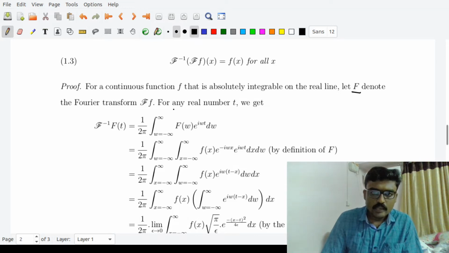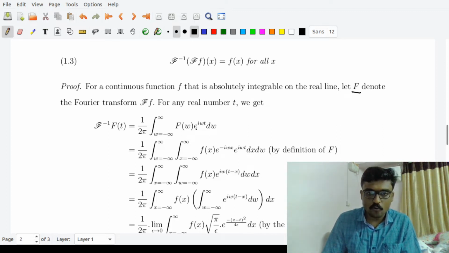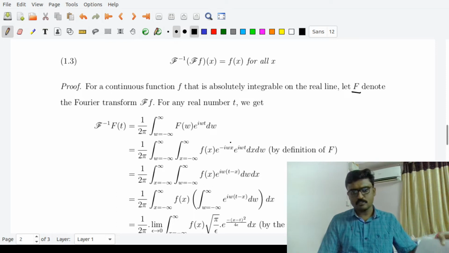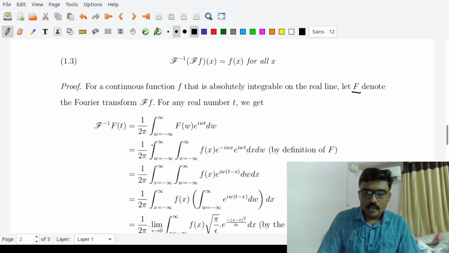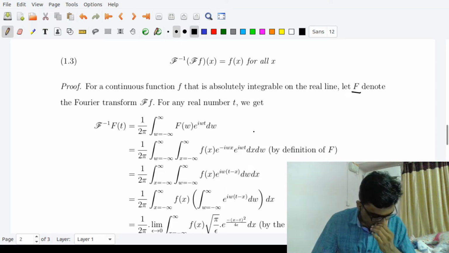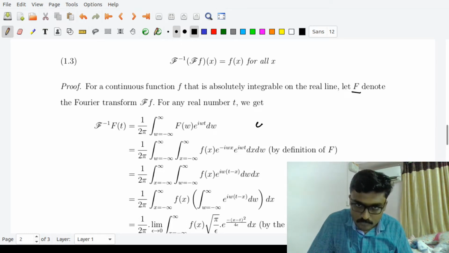Then for any real number t, we can write script F inverse of F of t equal to 1 by 2 pi integral from minus infinity to infinity of F of w e raised to i w t dw, which is the definition of the inverse Fourier transform.